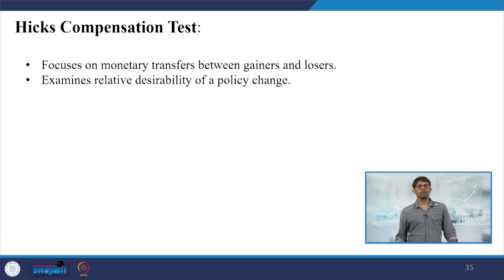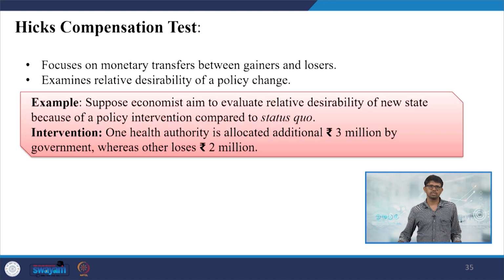They focus on monetary transfers between gainers and losers. This examines the relative desirability of a policy change. For example, to observe any policy intervention, suppose economists aim to evaluate the relative desirability of a new state because of a policy intervention compared to the status quo.